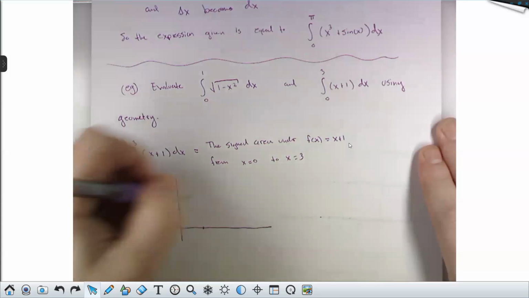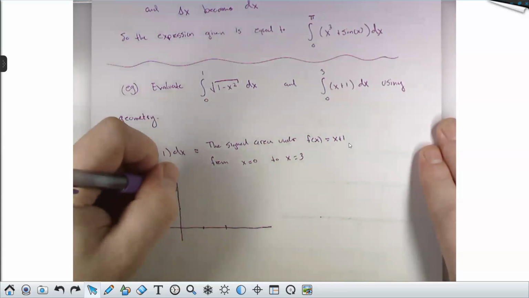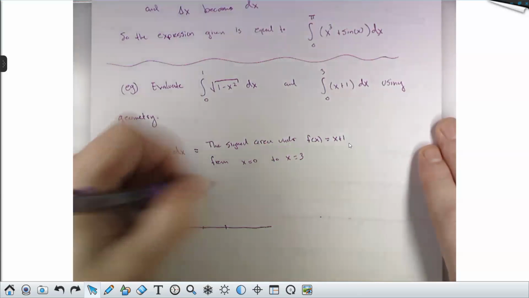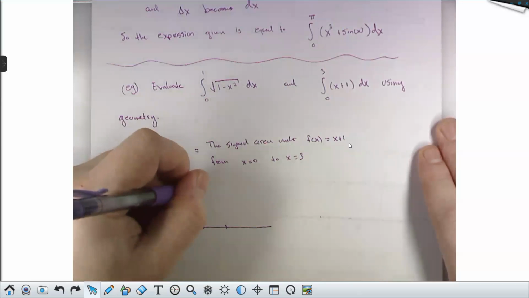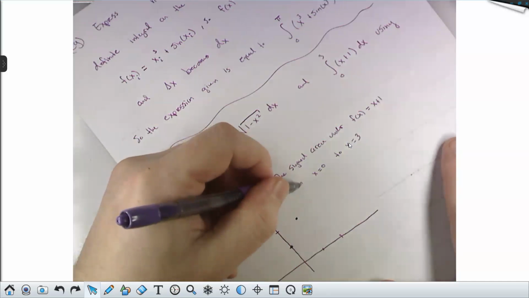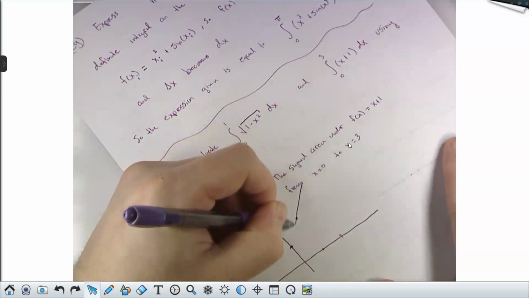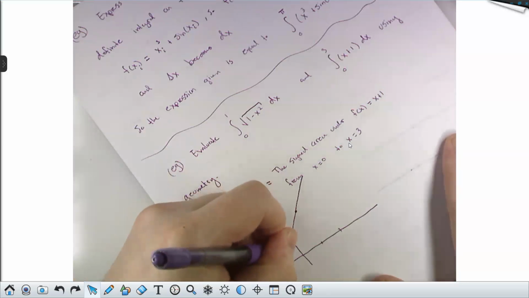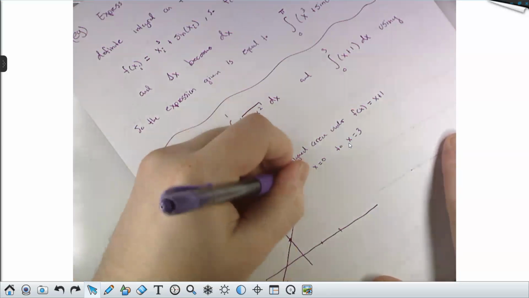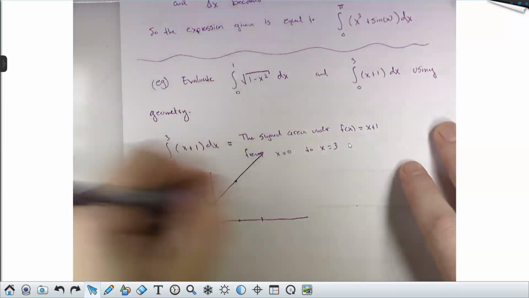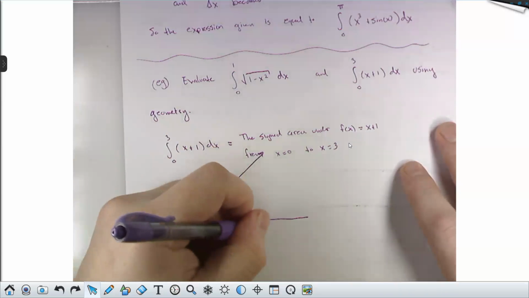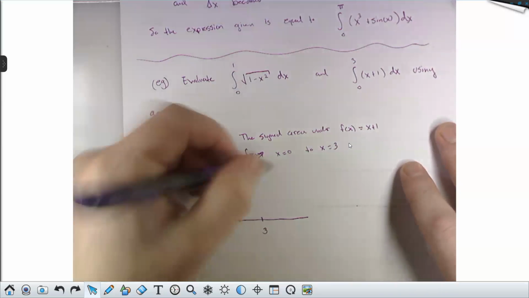X plus 1 looks like this. All right, it's a line with slope 1 and y-intercept 1. I'm going to call this out here 3. Forget about this tick mark.